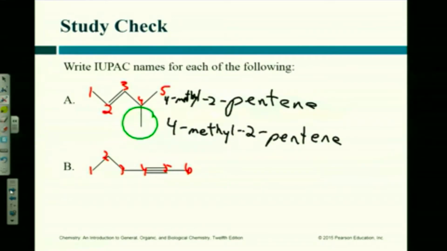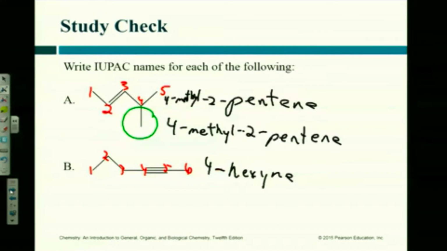What's wrong with how I numbered it? If I named it like this, it would be 4-hexyne, right? That's not right.